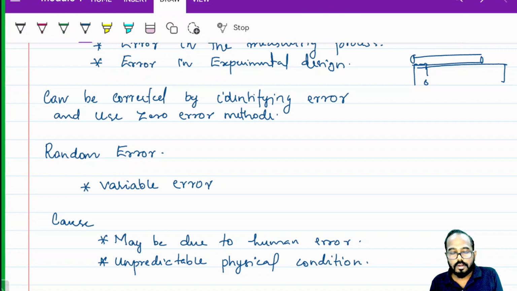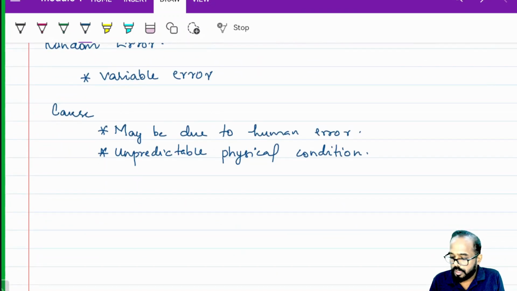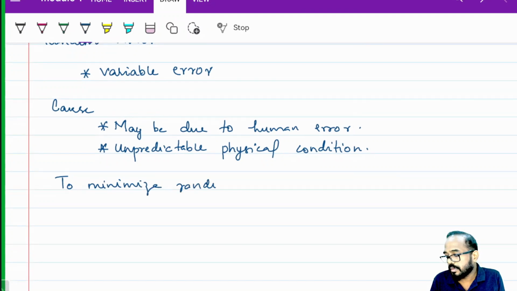So how can you minimize this random error? You cannot eliminate the complete error from a measurement, but you can minimize it. So how can you minimize this? To minimize random error, what you need to do is take multiple readings and take the mean of it.